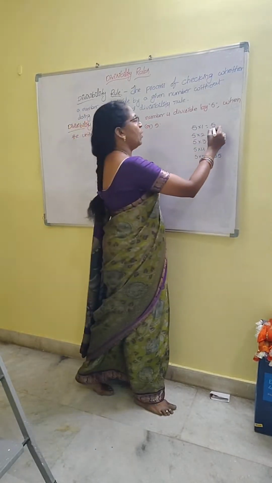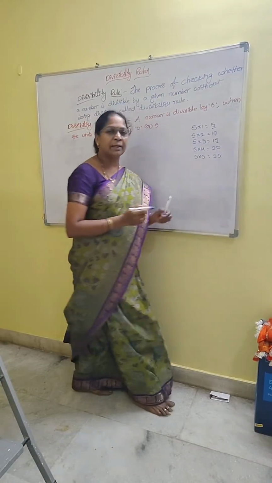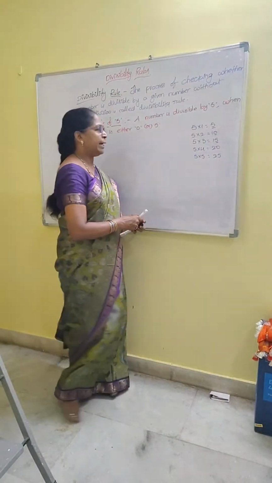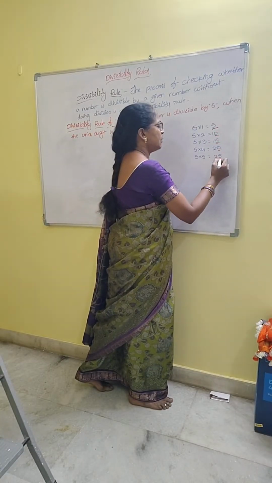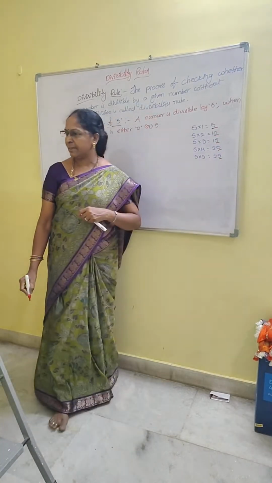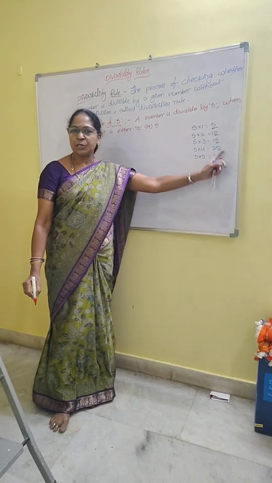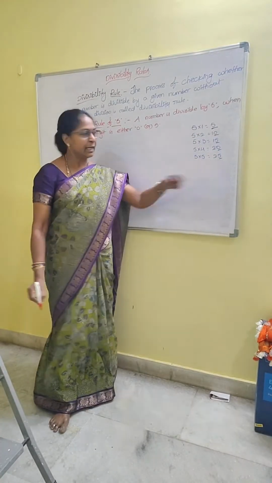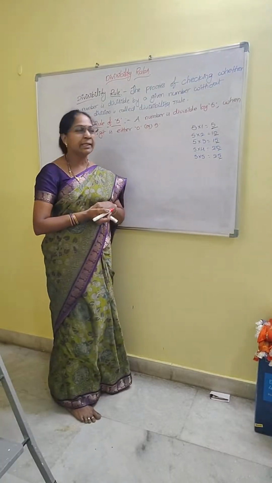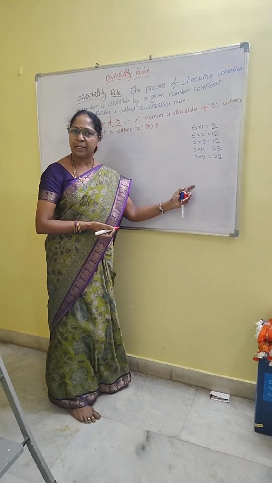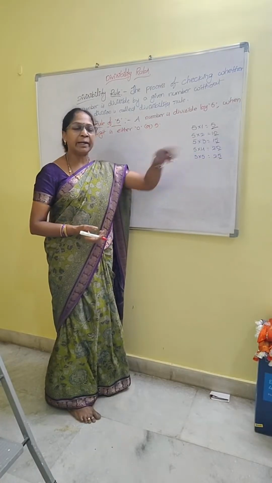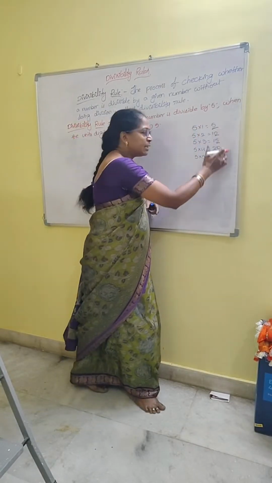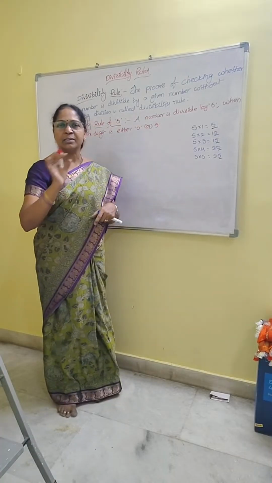Here see, if you observe the unit digit place of the numbers, those are either 0 or 5. 5, 0, 5, 0, 5. Like that we are writing. Either 5 or 0 only is at the unit digit. So immediately you can say that from the fifth table, you can understand the 5 multiples always have at the unit digit place either 5 or 0.